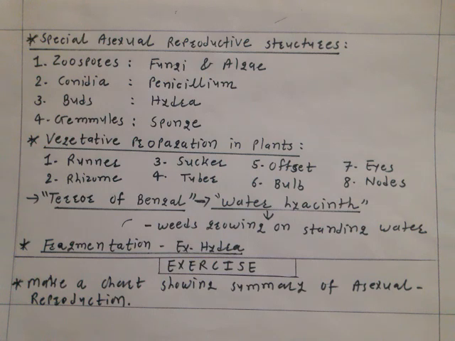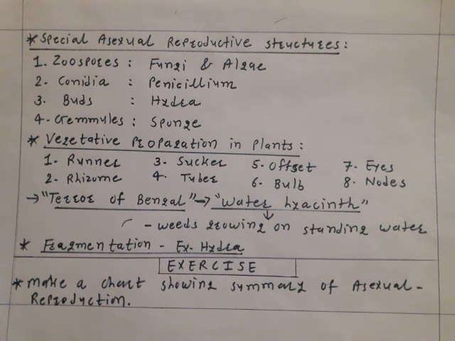After studying this topic in detail, you will make a chart showing a summary of asexual reproduction, meaning various types of asexual reproduction, their methods, and various examples of organisms which show these methods of asexual reproduction.